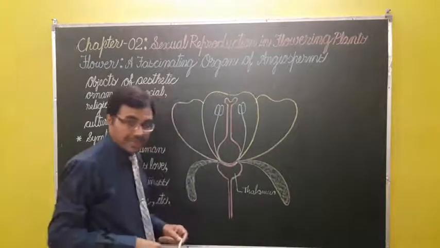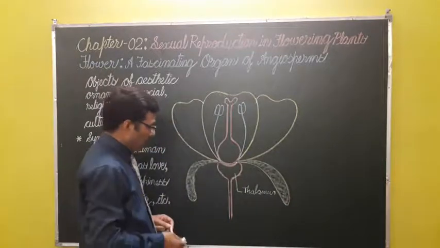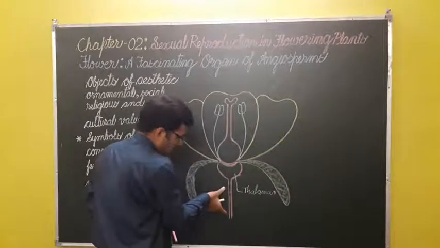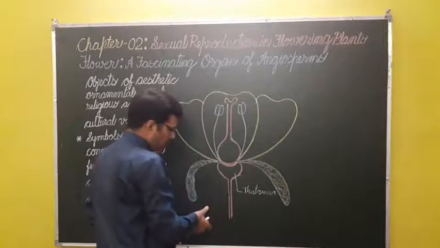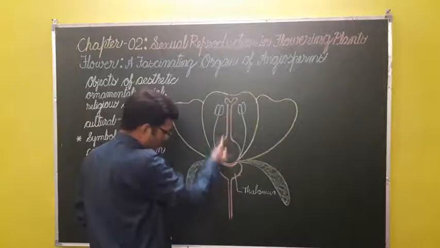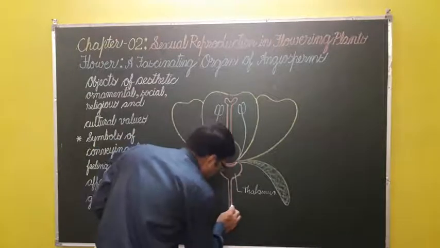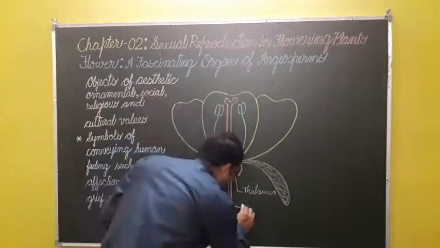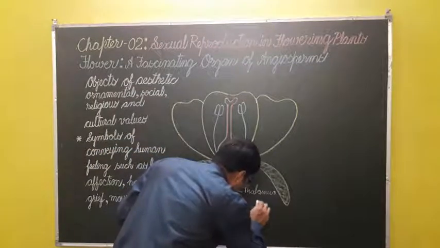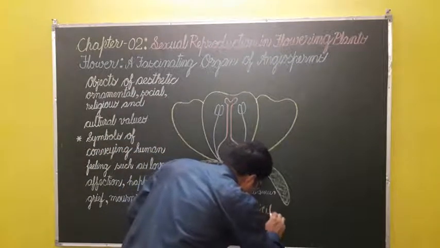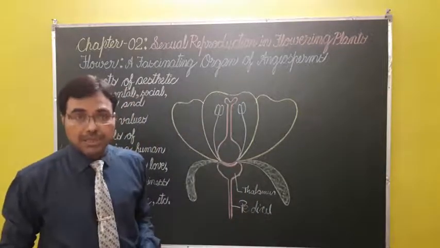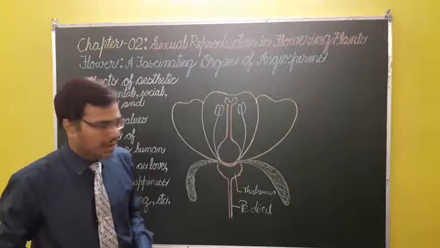Also we can say receptacle, right? And this stalk-like structure of this flower is called pedicel. You know what is the function of this pedicel? Yes, by this pedicel the flower is attached with the branch of a plant, you can say.